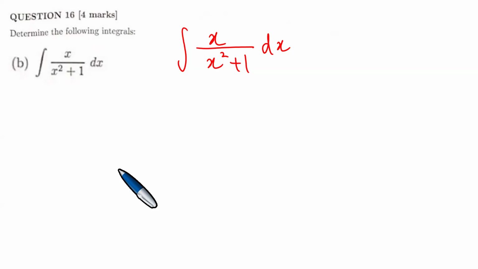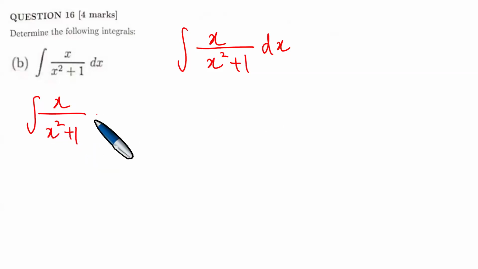We need to determine this exactly. We're able to say we have the integral of x divided by x squared plus 1 dx.